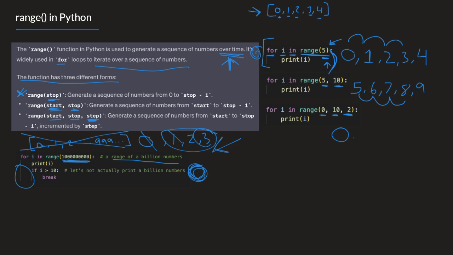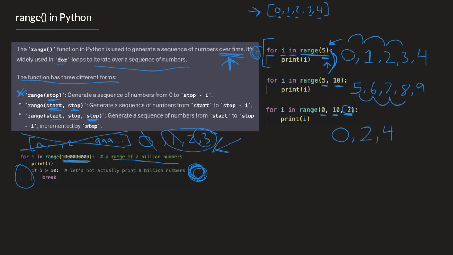And then we increment by 2, not by 1 like we usually do. Now i gets set to the next number in this sequence, which is 2. And we print that out. And then again, we iterate on the for loop. Range will give us just the next number in the sequence, which is 4.